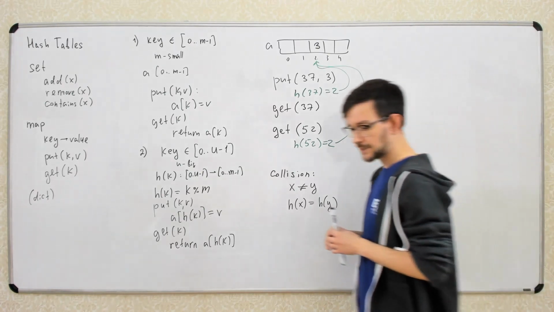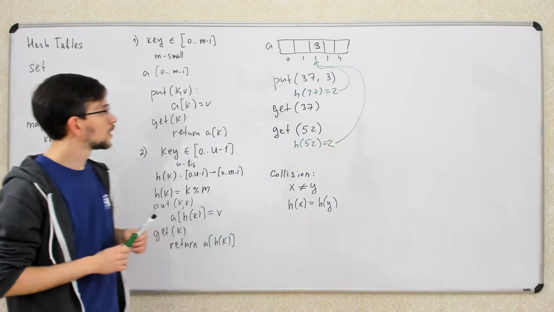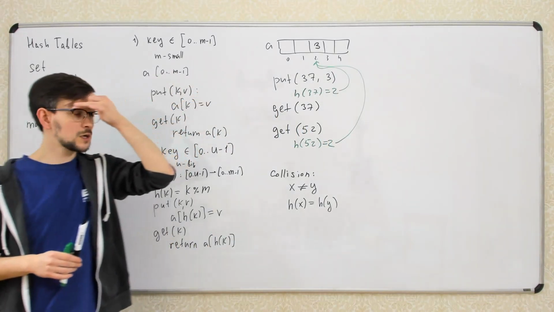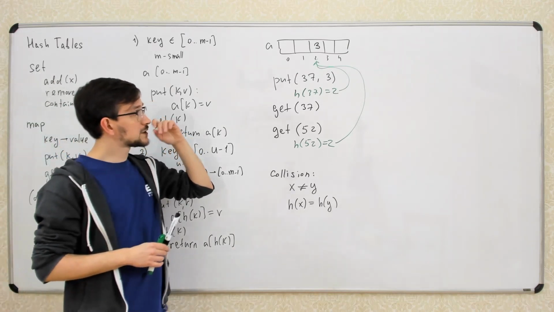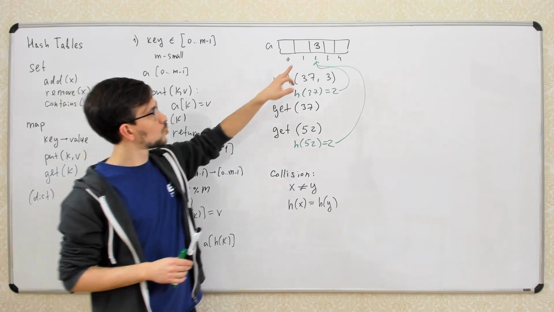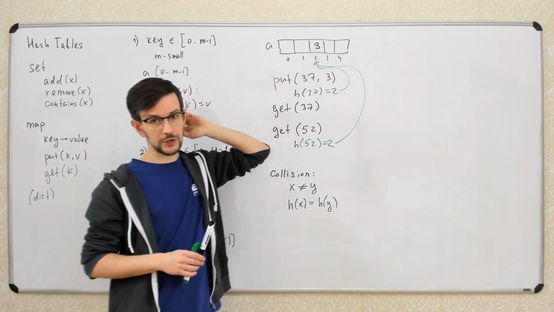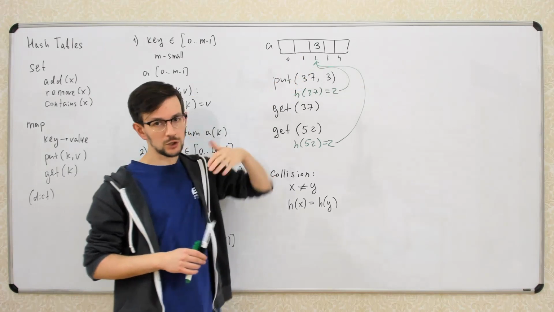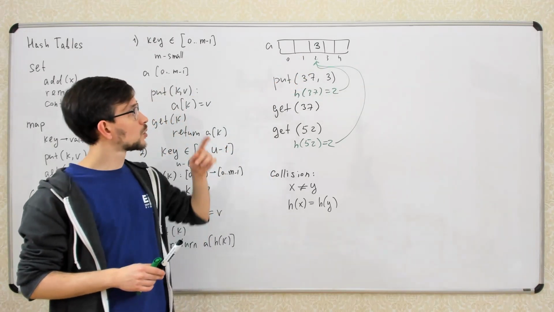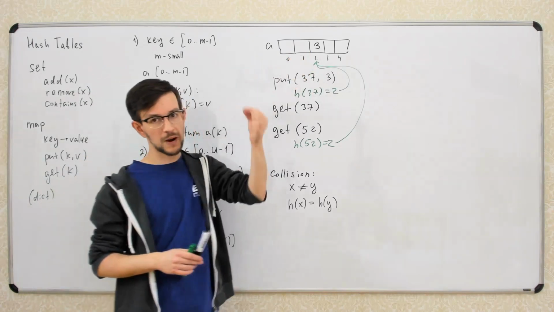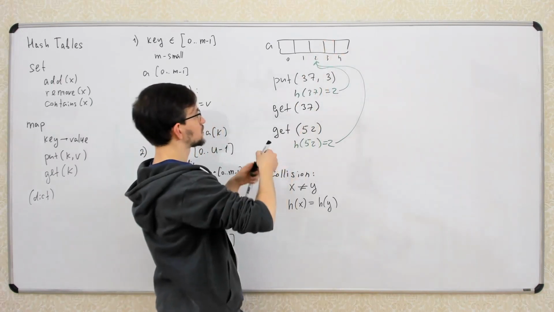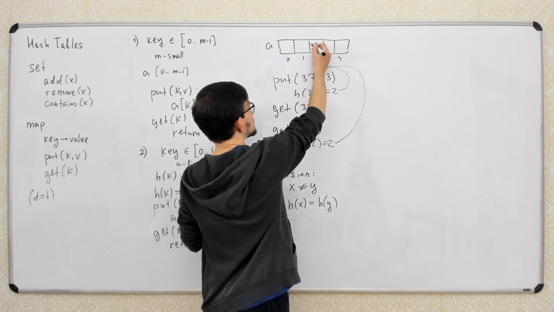How will we fix this? First, let's fix our array. We need some way to know which key corresponds to this value 3. We need to remember the key which corresponds to this value 3. So instead of putting just 3, we will put a pair of two numbers. We'll put here a pair, 37 and 3.